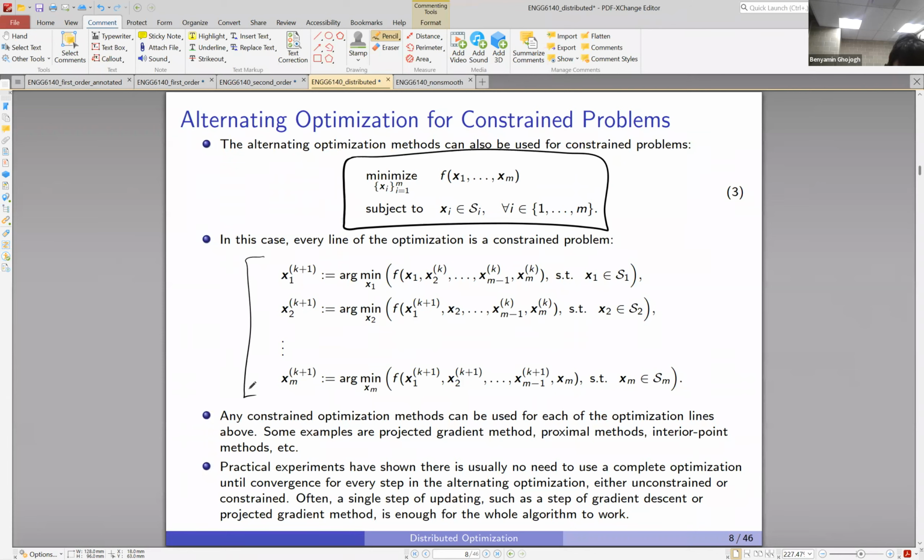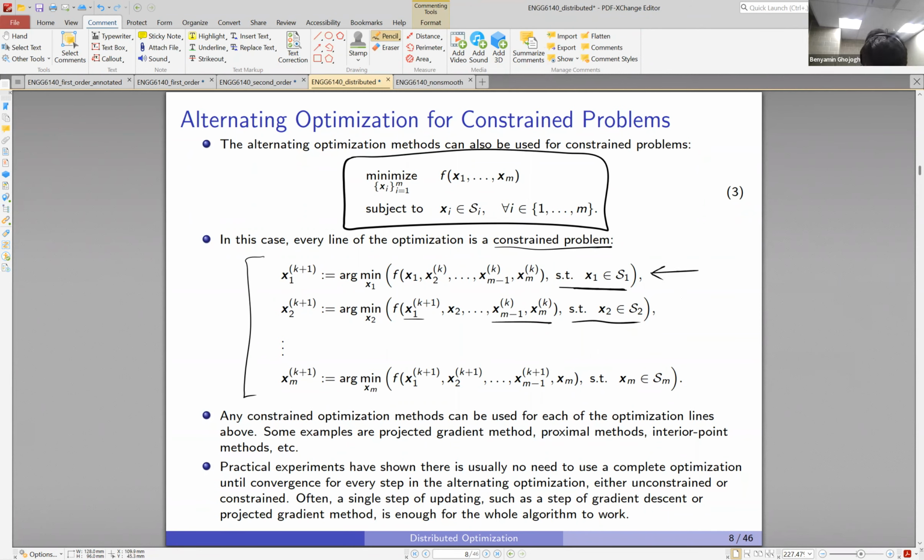Okay, now what do we do? In this case, every line of optimization is a constrained problem. See, argmin of this with respect to x1, subject to x1 belongs to S1, because this is the optimization over x1. Therefore, we take care of the constraint of x1. Here, argmin of f with respect to x2, others are constant, subject to x2 belongs to S2.